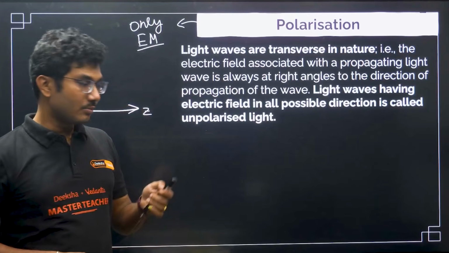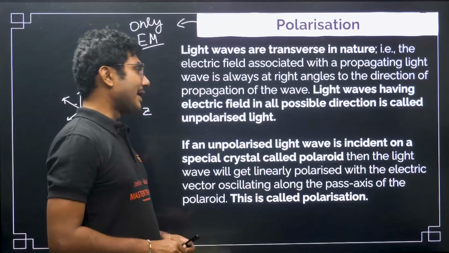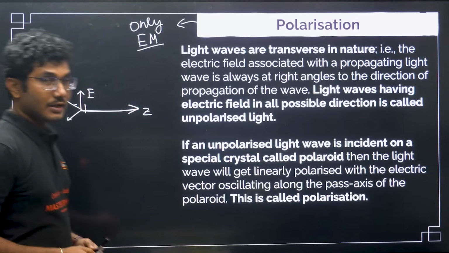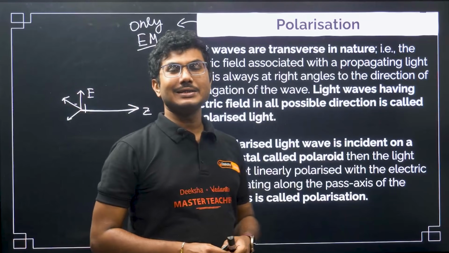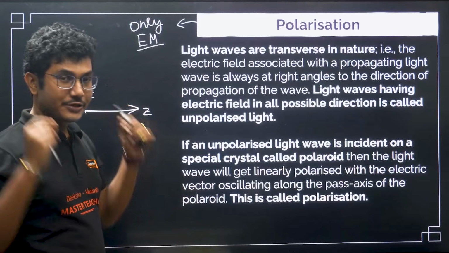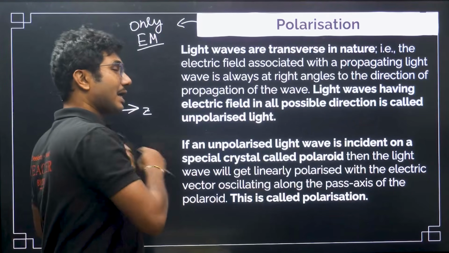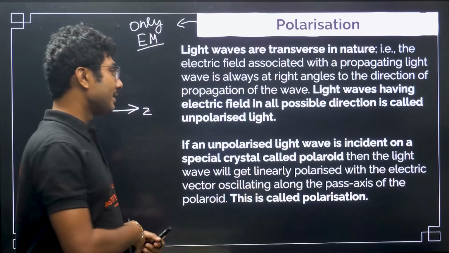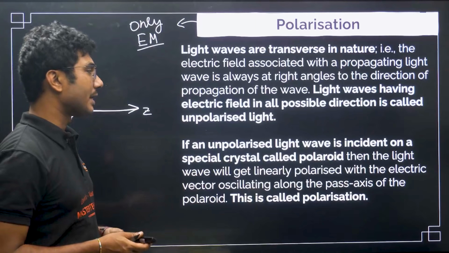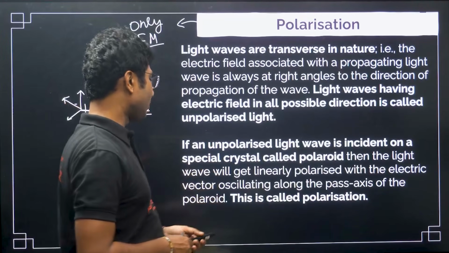If unpolarized light is allowed to pass through certain special crystals called tourmaline, quartz, then the light wave will get linearly polarized with the electric vectors oscillating along the pass axis of the Polaroid.